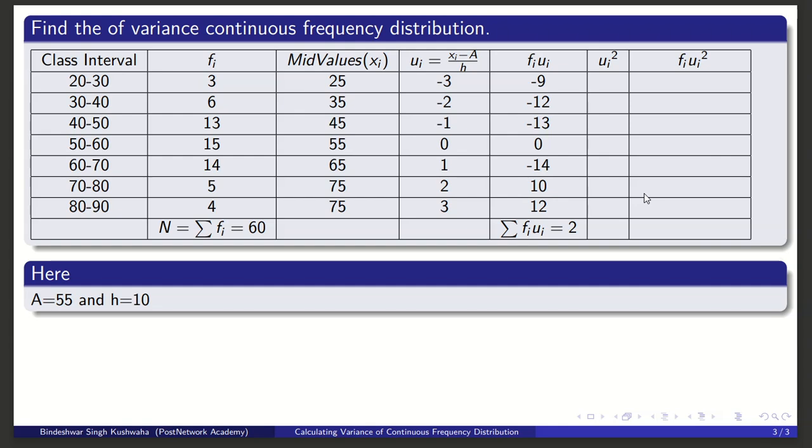Now ui square, it is 9 because minus 3 square is 9, minus 2 square is 4, minus 1 square is 1, and so on. You can get values.